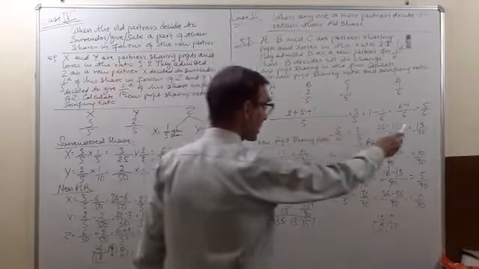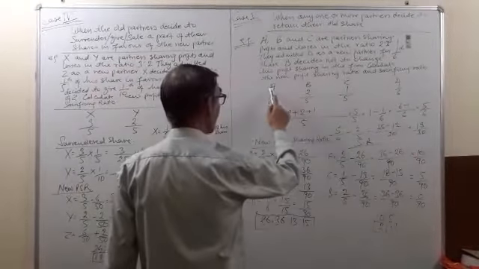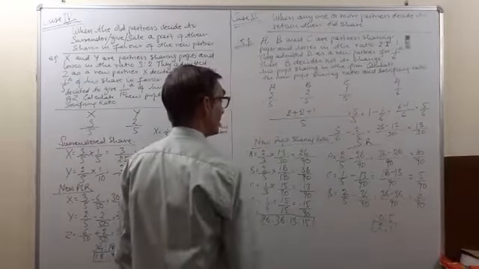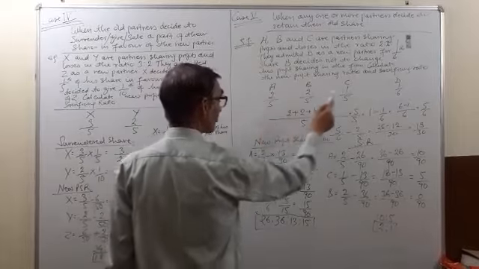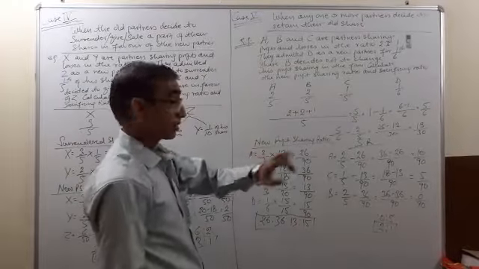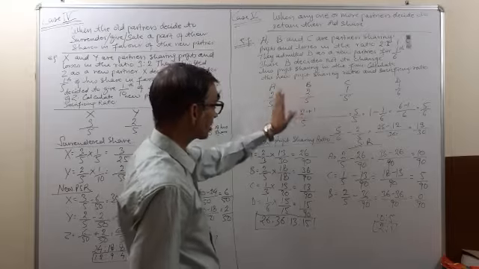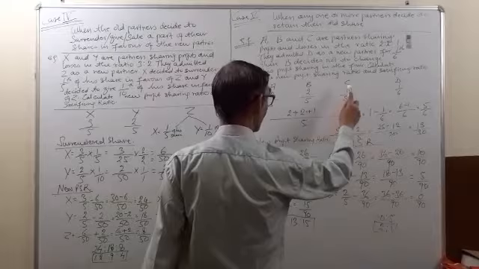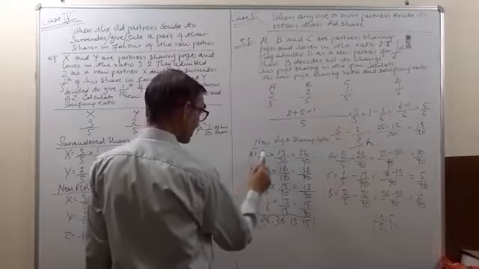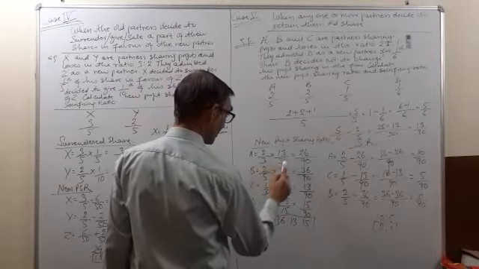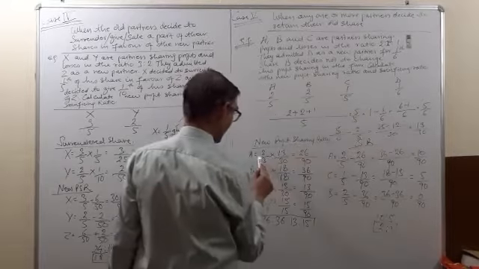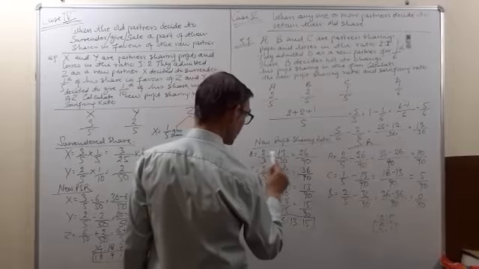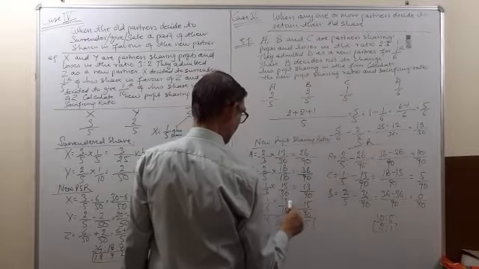Now this 13 by 30 will be divided between A and C in their old ratio. Now the old ratio was 2 by 5 and 1 by 5, but B's share we have already subtracted, so what is left? 2:1, that is 2 by 3 and 1 by 3. So A's share will be 2 by 3 into 13 by 30. So it comes to 26 by 90.